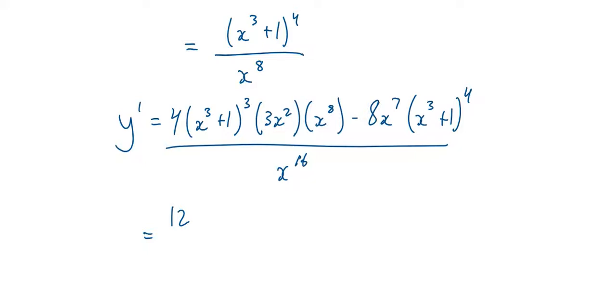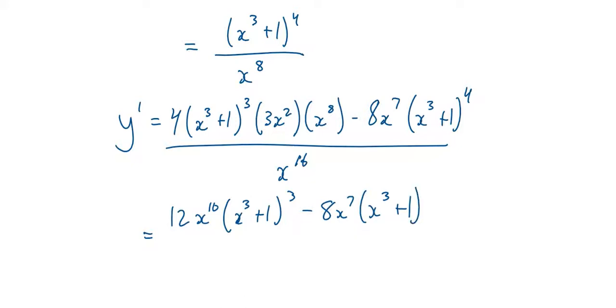So this is 12 x squared x to the 8. I think that's 12x to the 10, x cubed plus 1 all cubed, minus 8x to the 7th, x cubed plus 1 all to the 4th, all over x to the 16, and I'll let you take it from there.